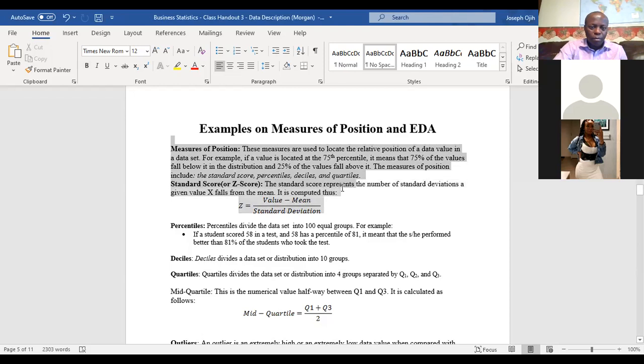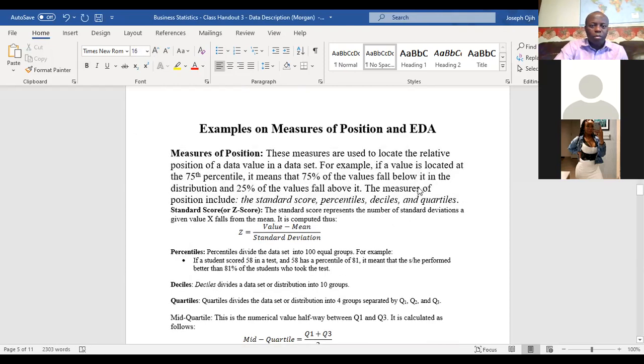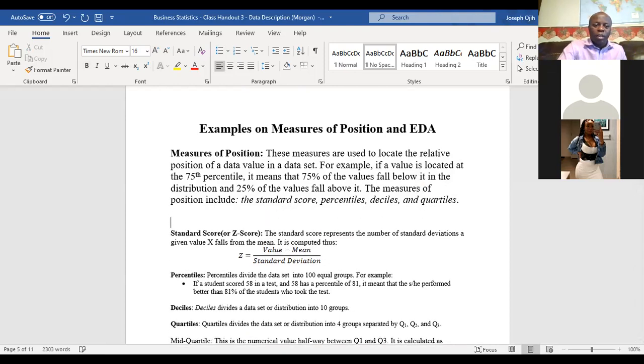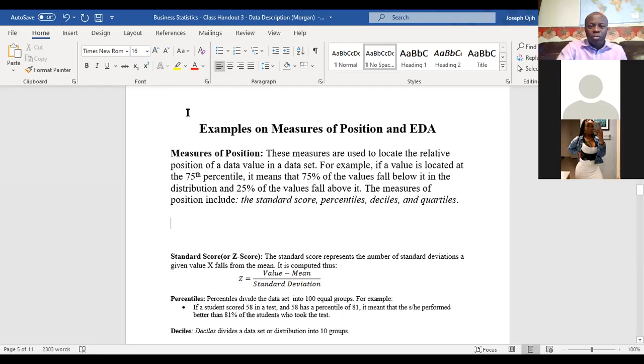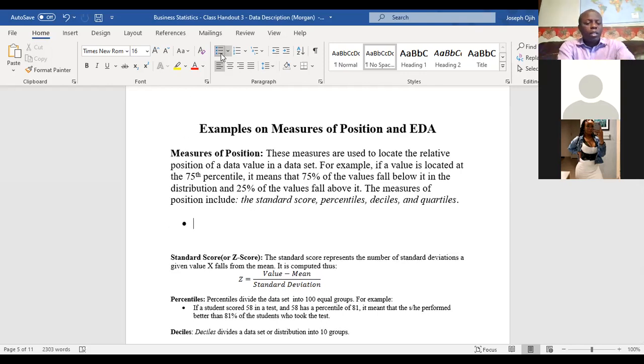Under this measure, our interest here is to measure or to locate the relative position of any of our data value in our data set, I mean, of choice, one we choose to locate. So we have many of those measures that we use to locate the relative position of our data value in the data set. The first one we use, which is the easiest one to calculate, is the standard score.